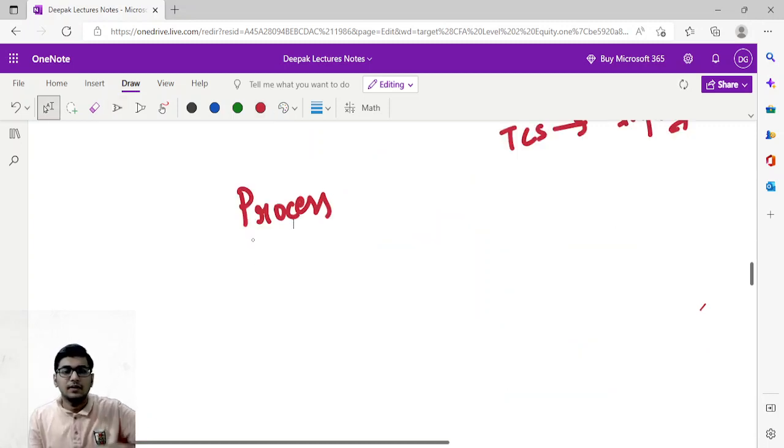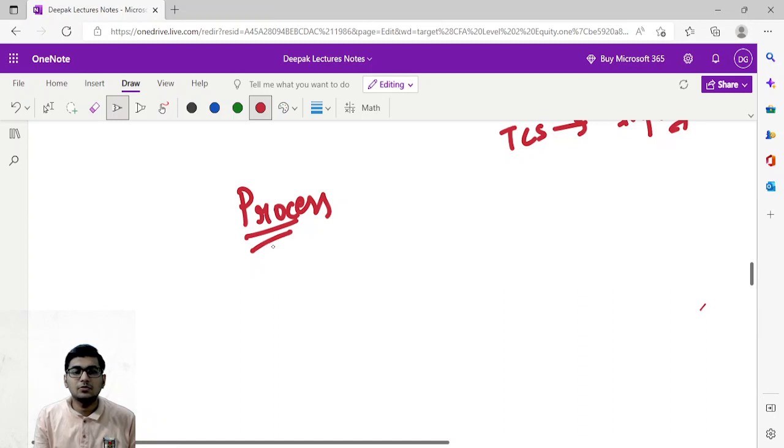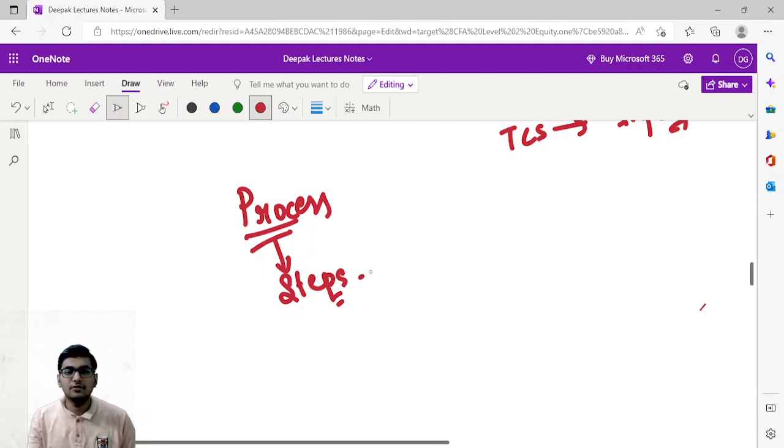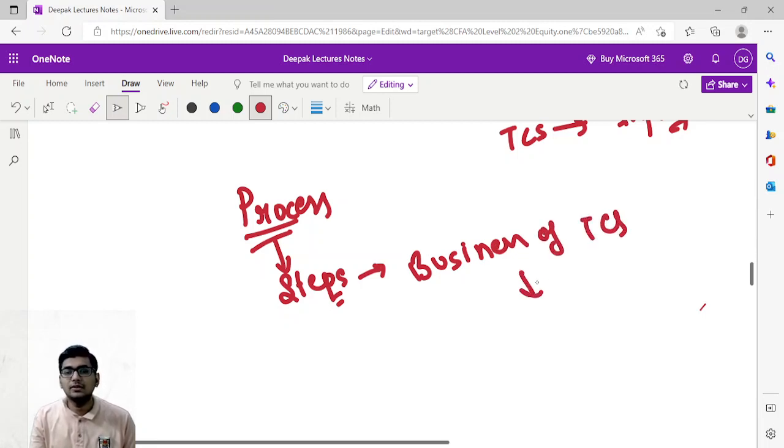So now, if you want to do the valuation process, there will definitely be some steps. So first of all, if suppose you are doing the valuation of a company, say TCS, you need to understand the business. You need to understand the business of TCS, what business TCS does.